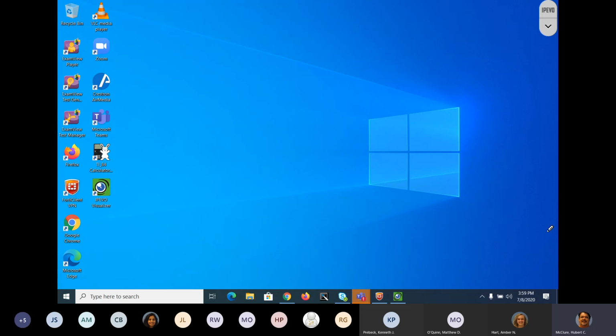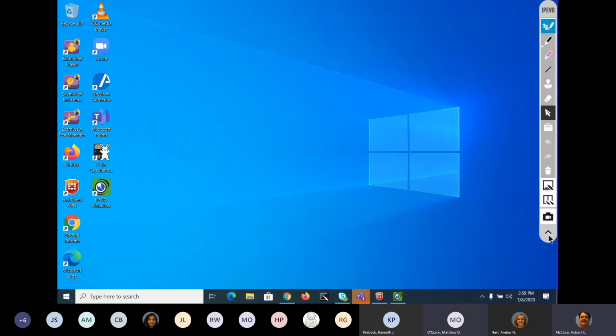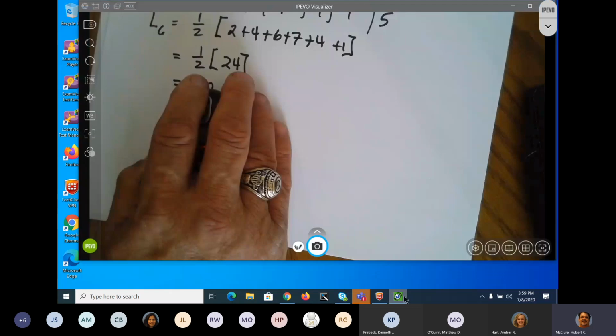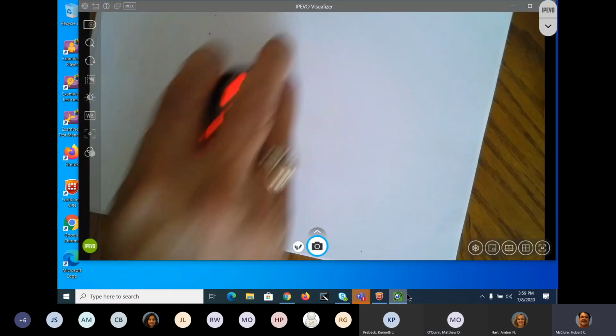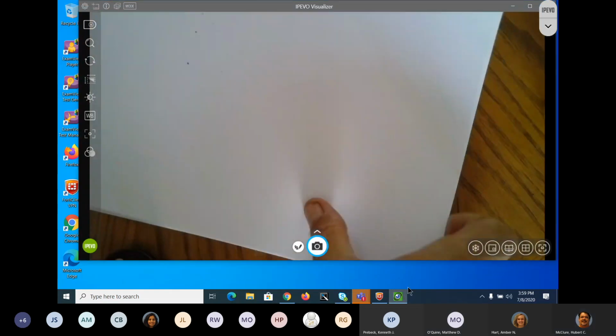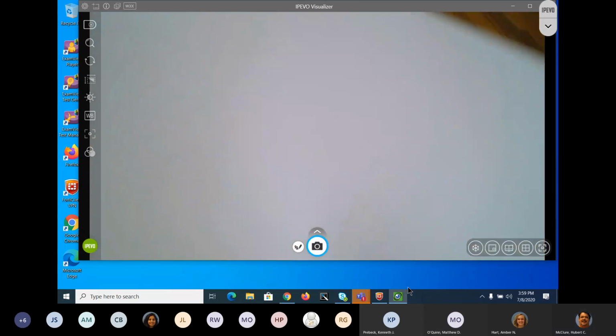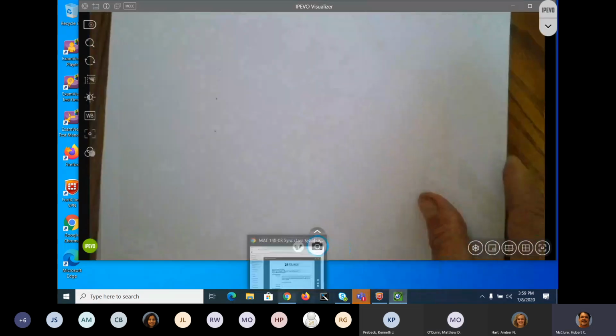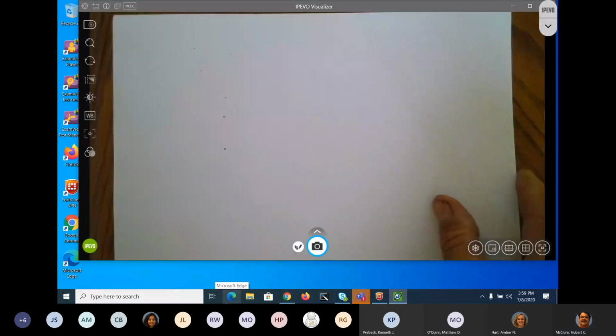So I'm going to hit that and this. Now, I want you to look at these two graphs that I'm going to put on my document cam here. I'm going to put two graphs up here.